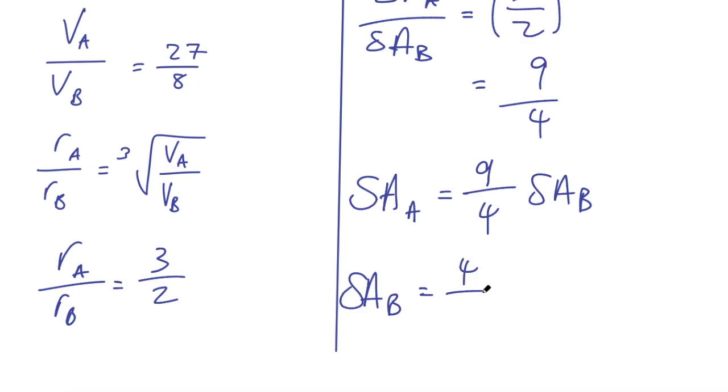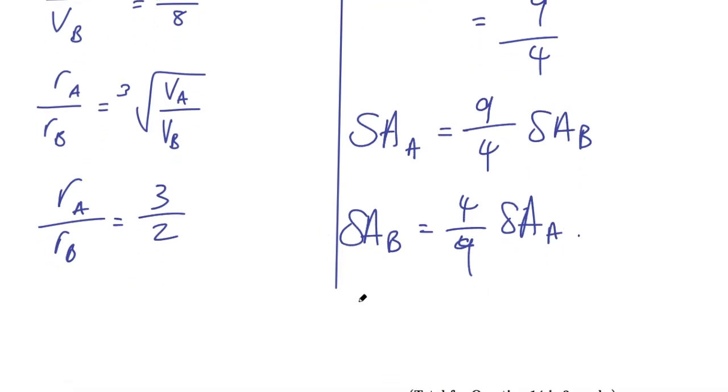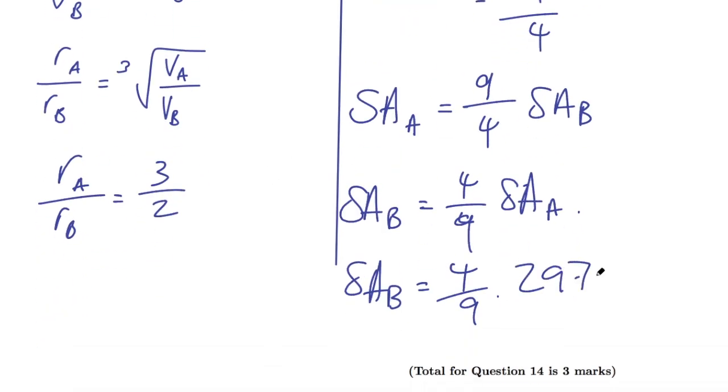Therefore the surface area of B will be 4/9 the surface area of A. So the surface area of B equals 4/9 of 297, and therefore you will get an answer of 132 centimeters squared.